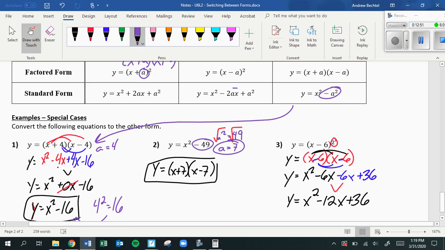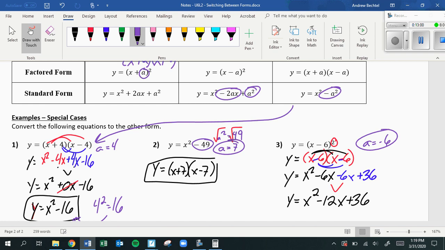If we look at this part right here and a squared, our a equals negative 6 up here at the top. A squared is going to be a positive 36. And if we look at this 2a part right here, 2 times a would be 2 times 6. Well, 2 times negative 6, it would get us a negative 12.